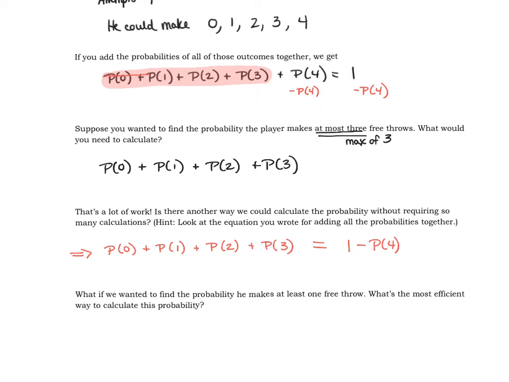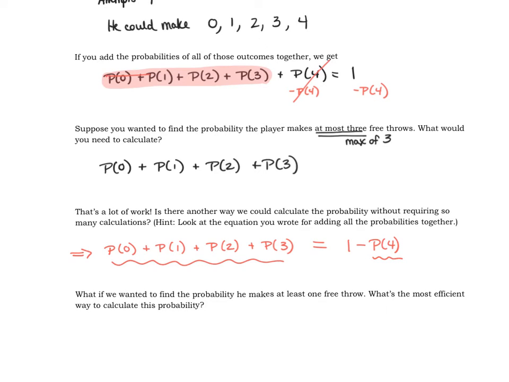It's just rearranging this equation, because that probability of 4 cancels out when we move it to the other side. This will let us do 1 binomial scenario as opposed to 4 binomial scenarios.